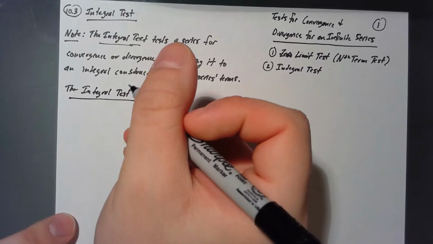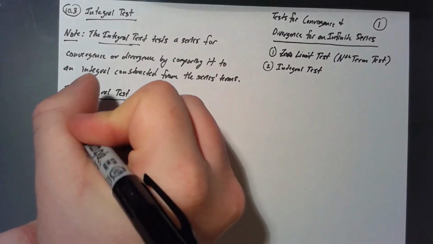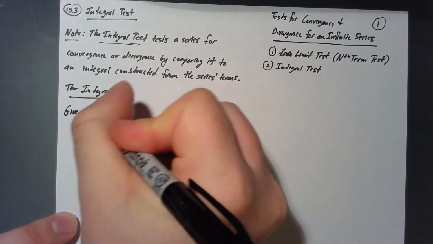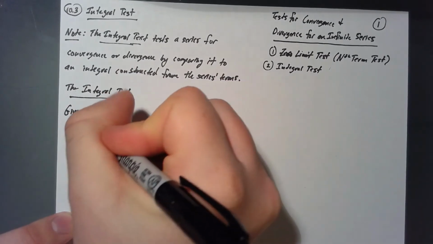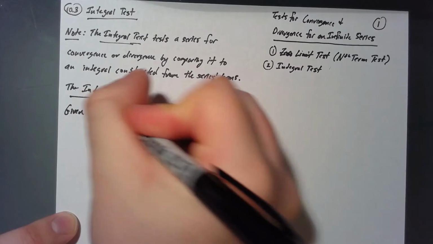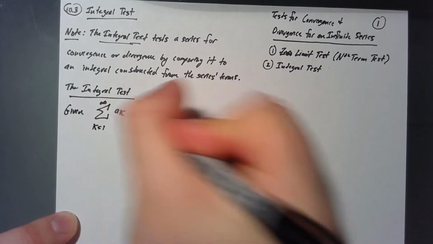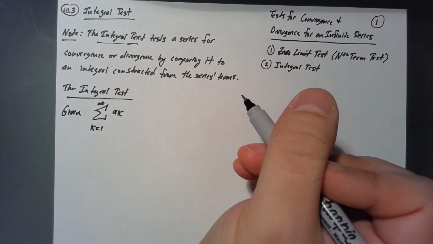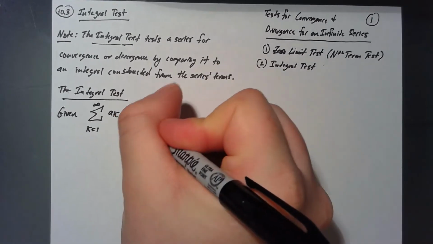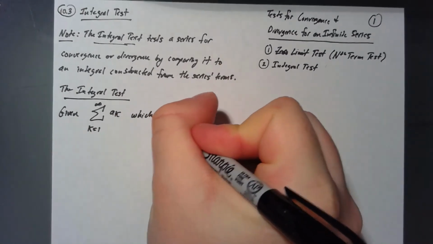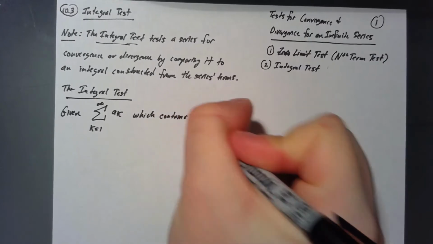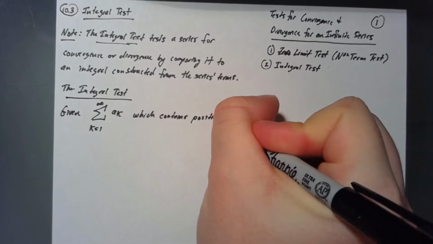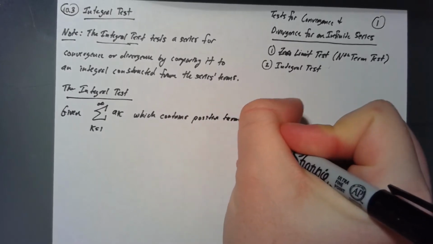So if I'm given a series starting from 1 to infinity of a sub k, an infinite series, which contains positive terms.